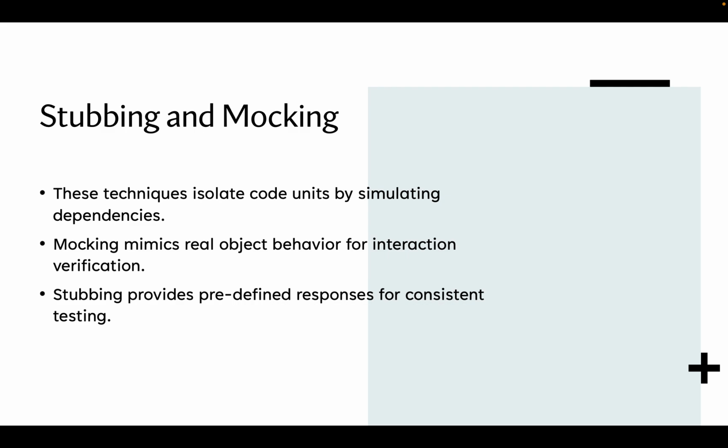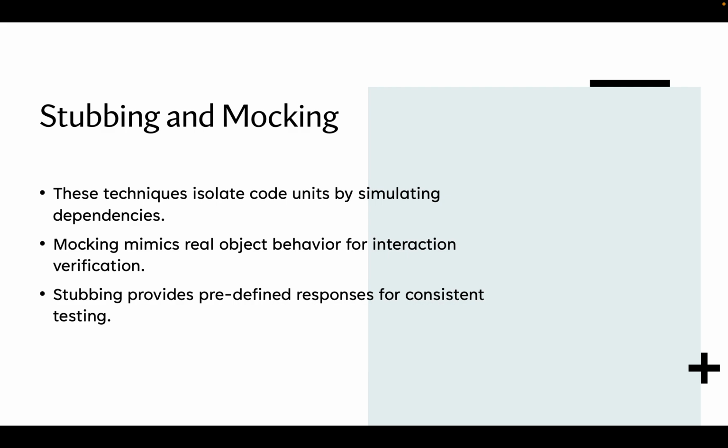Instead of making real API calls, you can mock the API and test whether your function handles responses and errors correctly. The tip is to use libraries like Mockito for Java or unittest.mock for Python to implement stubs and mocks efficiently.